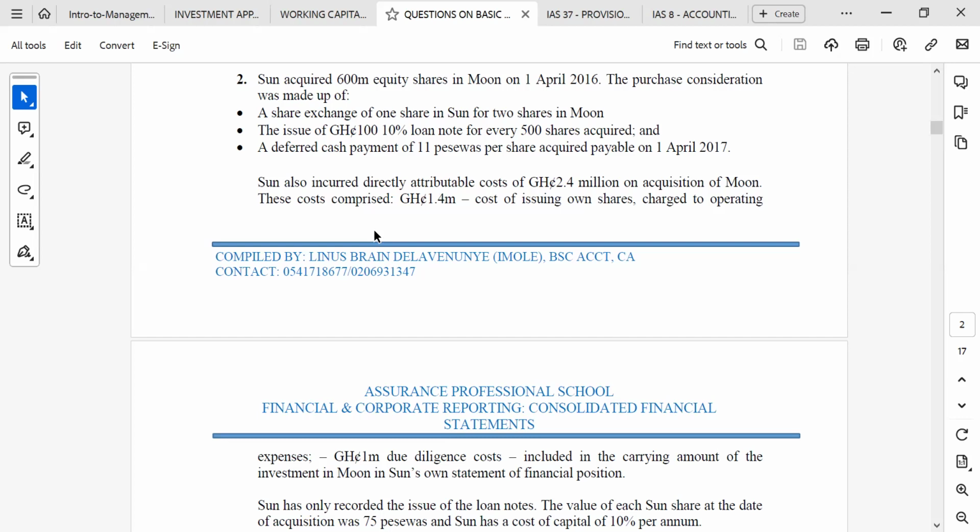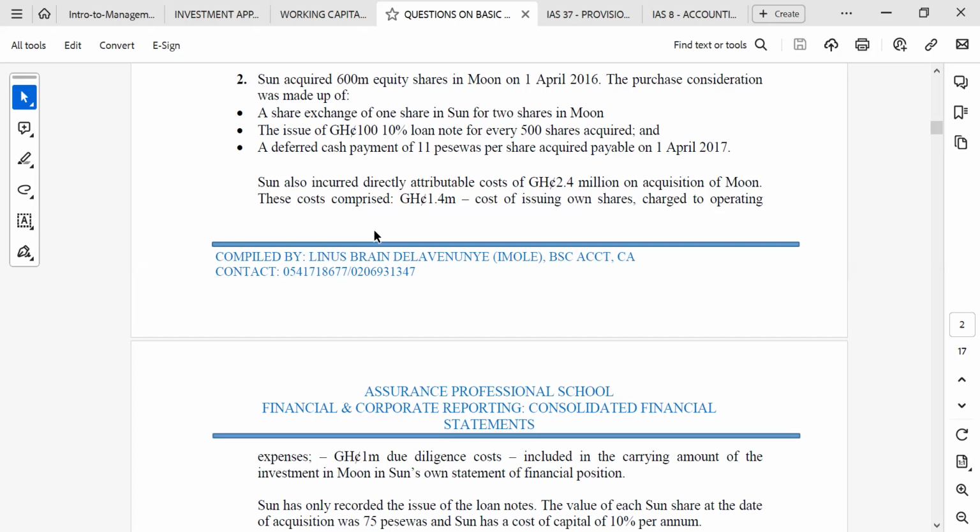But what has been done? They have charged it to operating expenses, isn't it? So what we have to do is reverse that. Reversing that means that we have to credit our retained earnings, because it has been charged to operating expenses, which means that the profit has been reduced. So we credit our retained earnings, and we debit our equity shares, because we have to subtract that from the equity shares.